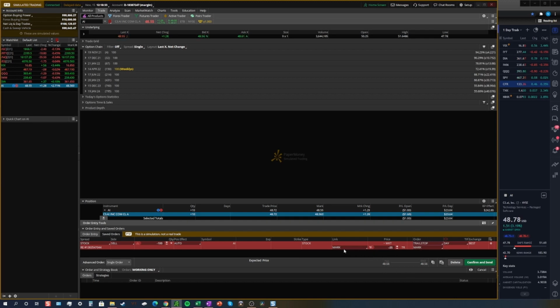This is a very good order to use for a stop loss. If you have something moving in your favor and you're going to go to lunch, or you're like, you know what, I'm just going to set a trailing stop loss. I'm done with it. I'm just going to set a trailing stop loss for 20 cents and let it go. Perfect. That's perfect.